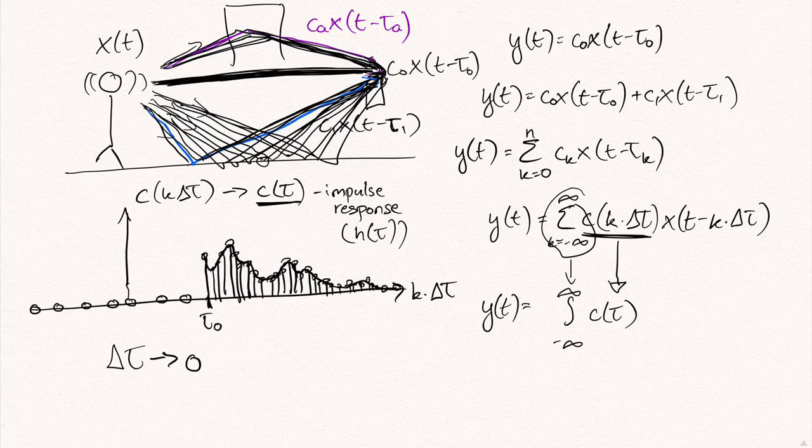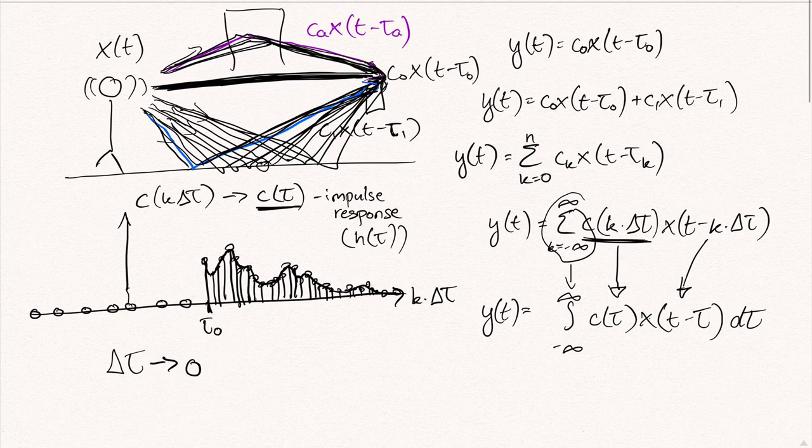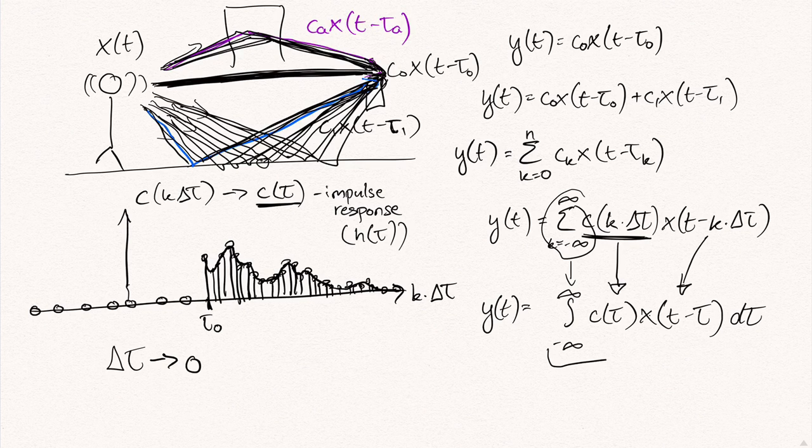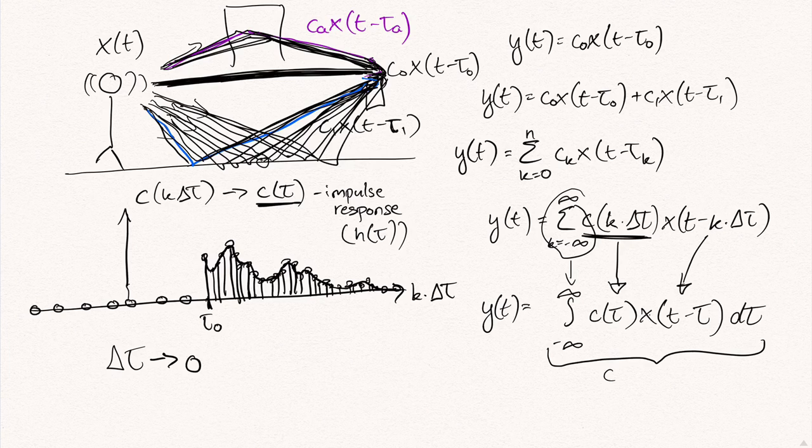And our factors become a function, c of tau. Our signal with delays becomes a function x of t minus tau. And then, of course, we integrate over tau. Now this, I think you should recognize as the convolution integral.